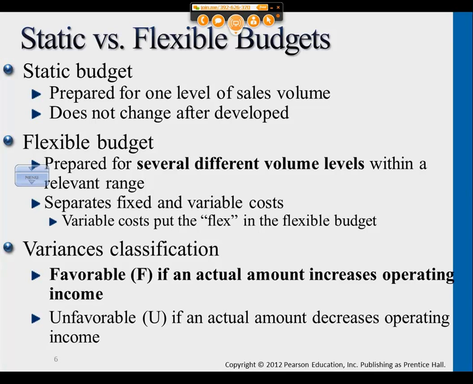So what is the variance classifications? We just said that F is going to stand for favorable if an actual amount increases our operating income, and U is going to stand for unfavorable when it's decreasing our operating income. So let's look at the flexible budget and let's look how do we recognize that this is a flexible budget.